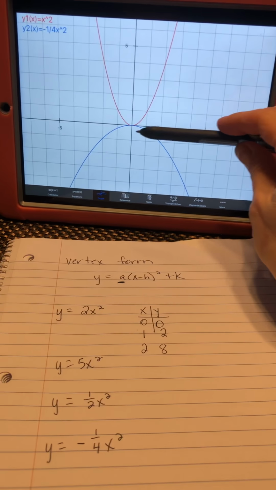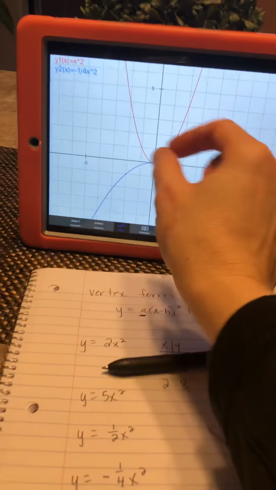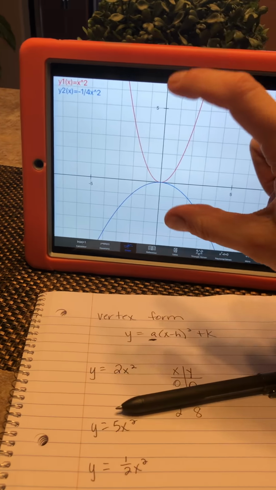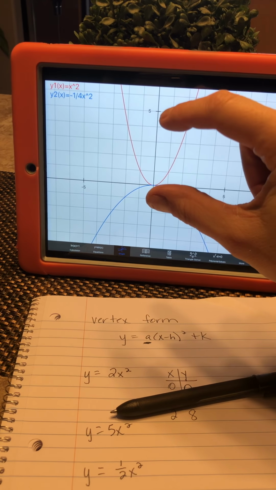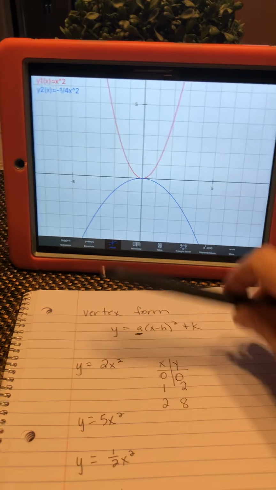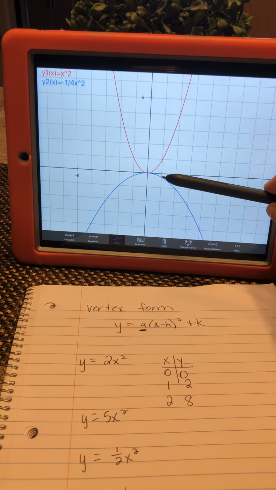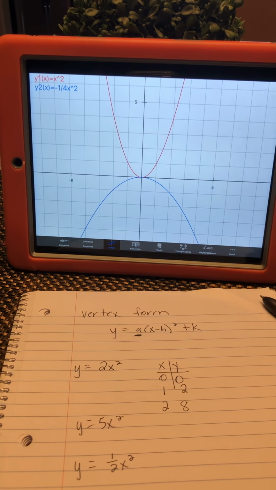Because the negative makes it flip upside down, and then the 1/4 is what makes this kind of like a wide parabola, or we say a vertical shrink. So imagining that rubber band, if I shrink it, then it's going to kind of get wider. So again, from that vertex, you go over 1 and down 1/4. And so that's where another point is on that graph.